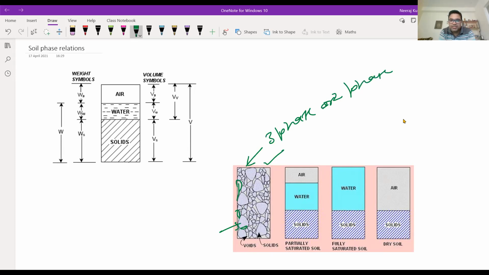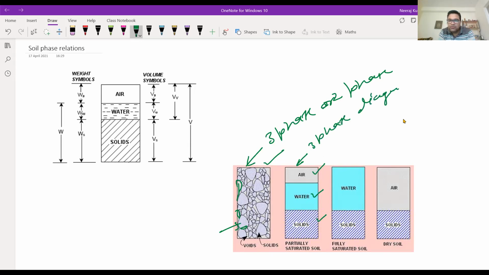Now, if these voids are filled with air and with water, then we can define this soil as a three-phase diagram. In this, you can see we have divided this diagram into three parts. One part is solid. The second part is water, which fills some of the voids. And some of the voids are filled with air. So this becomes the three-phase diagram.